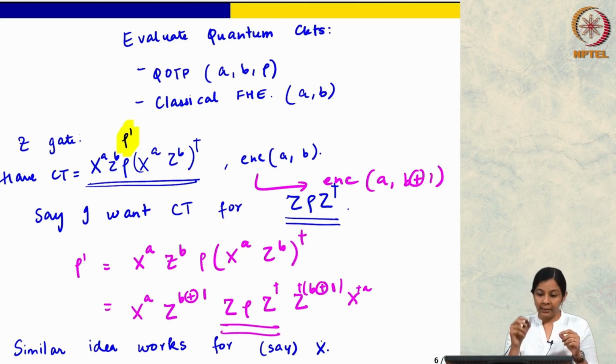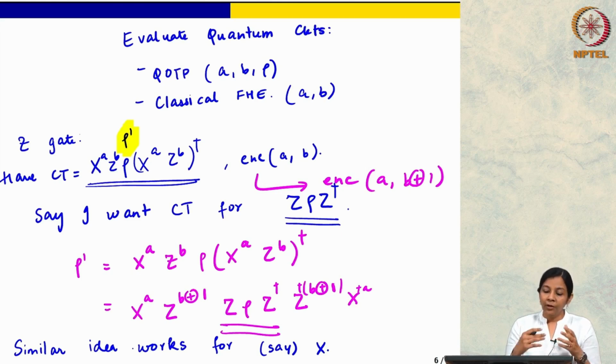So, XZ will be equal to minus ZX. So, even if I want to upgrade rho to X rho X dagger, then also I can do the same trick. And remember that global phase changes do not matter for quantum, because we will measure in the end and it will not matter.